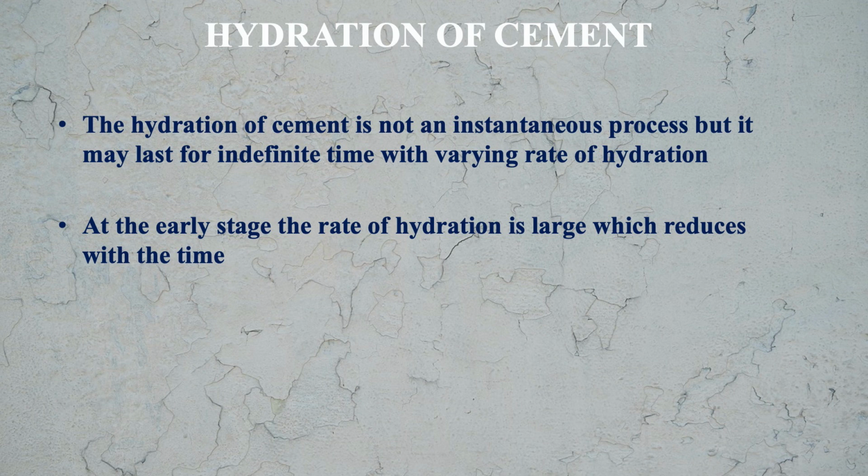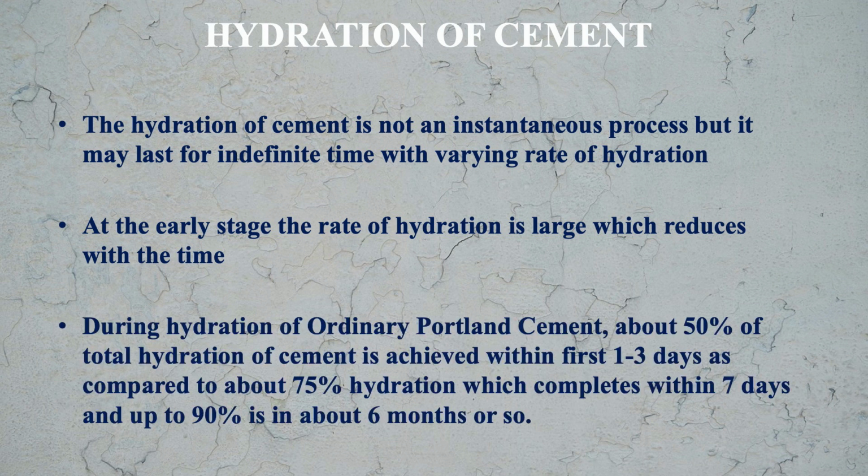At the early stage, the rate of hydration is large, which reduces slowly with time. During hydration of ordinary Portland cement, about 50% of total hydration is achieved within the first 1 to 3 days, as compared to about 75% which is completed within 7 days and up to 90% in about 6 months.